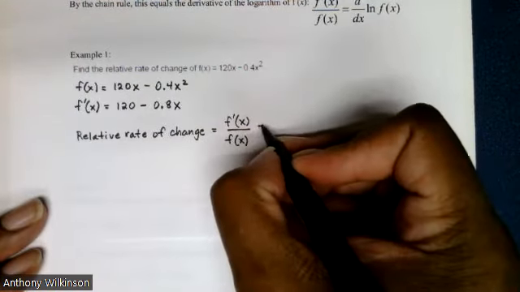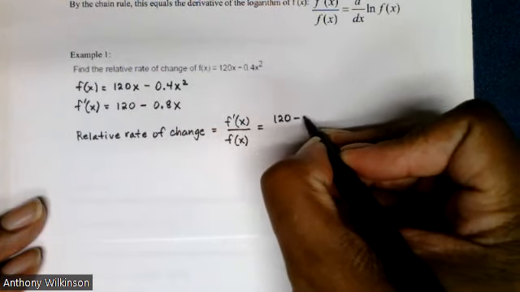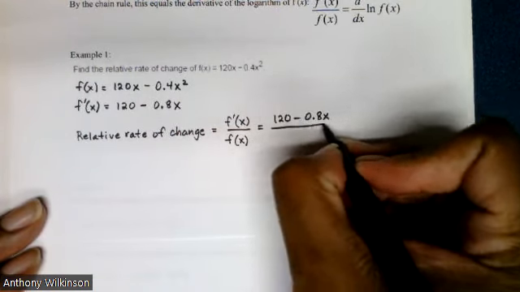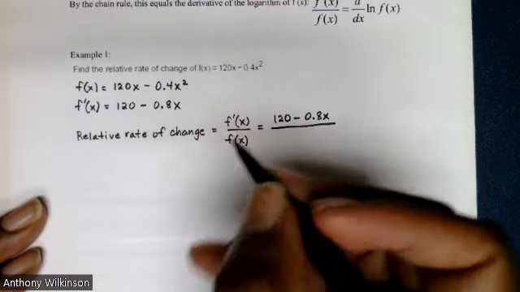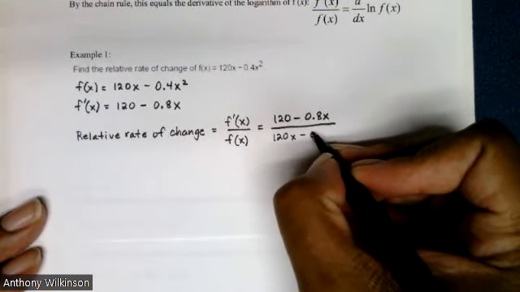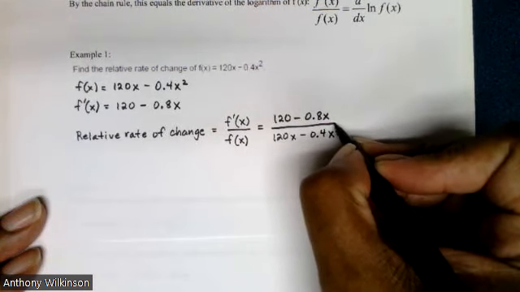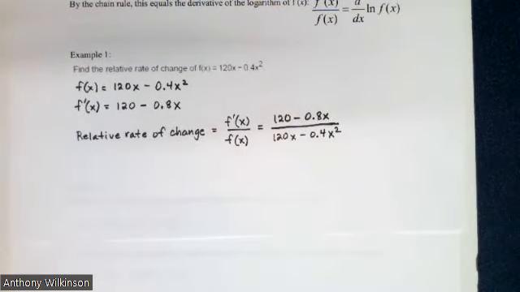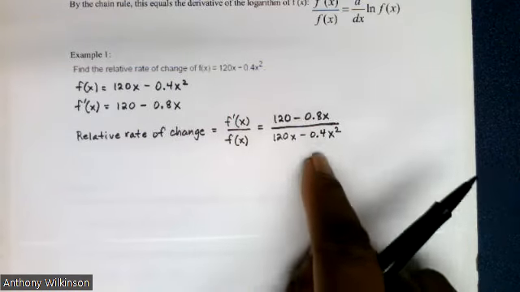So f prime of x, we just found to be 120 minus 0.8x, divided by the function itself, f of x, that's 120x minus 0.4x squared. And I believe we can leave that as is, unless they want you to try to factor this completely and then do some dividing of common factors. But I think we can just leave that as is.